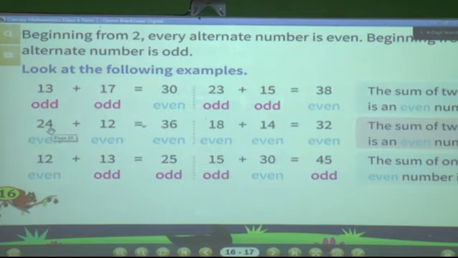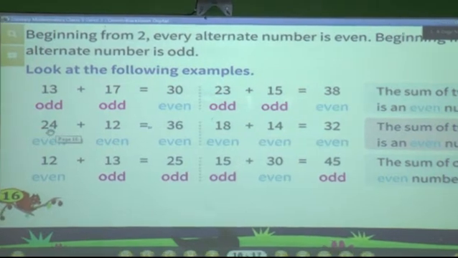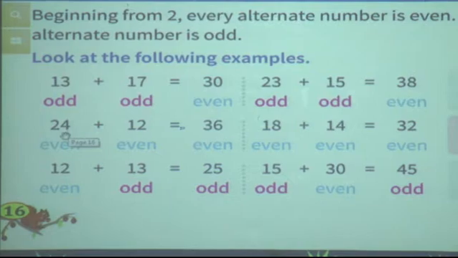Now can you see this? 24. Yes. Now here in 24, which is the number at the ones place? 4 is there, and this is an even number. So 24 is also an even number. Plus 12. 12 is also an even number. Okay.